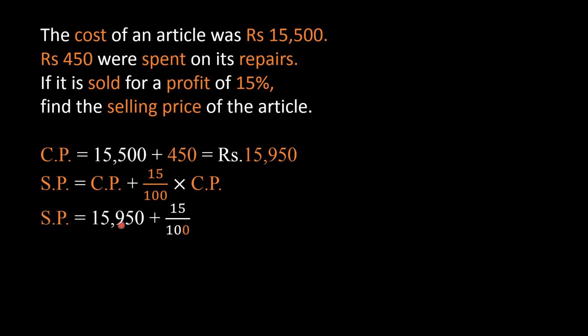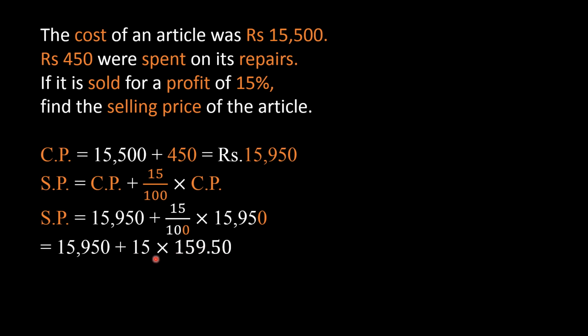So it will be 15 divided by 100 multiplied by 15,950. This 10 will get cancelled with this 10, and 1595 divided by 10 will be 159.5.